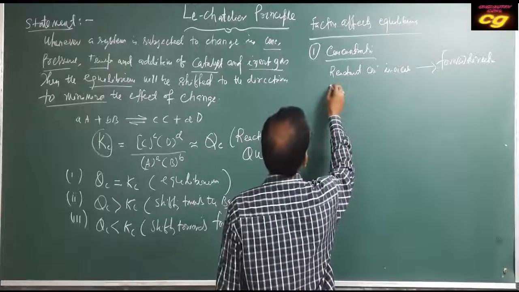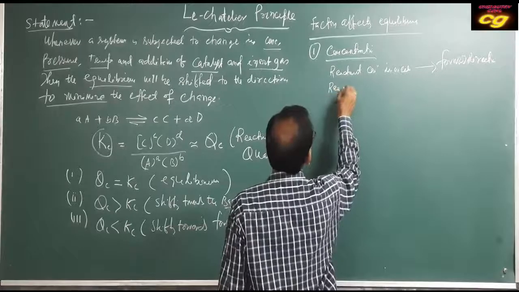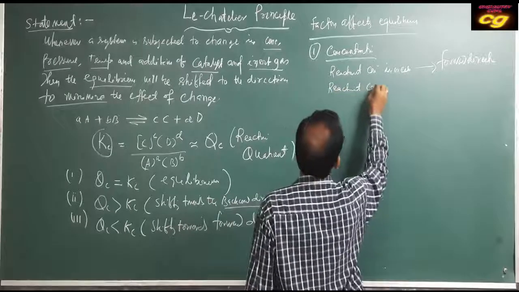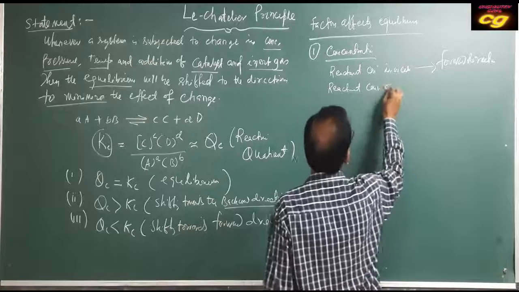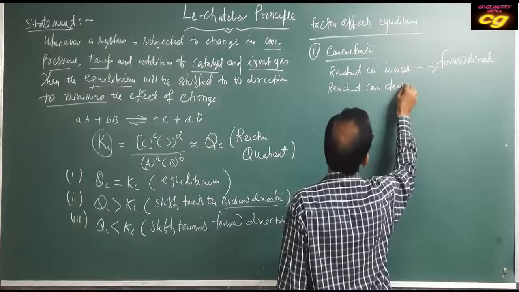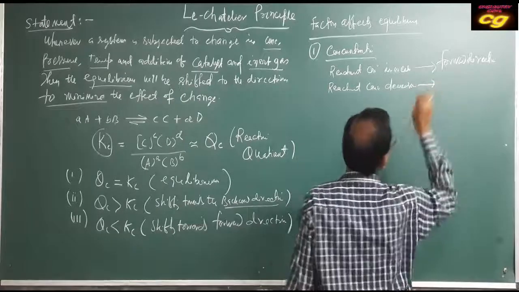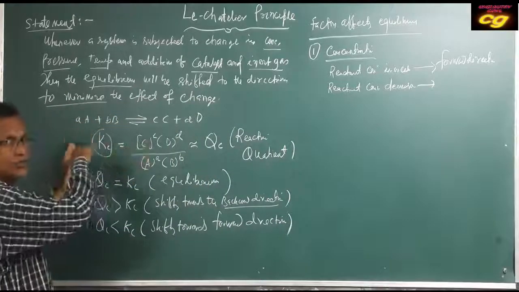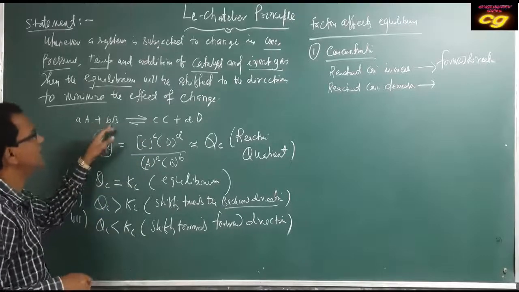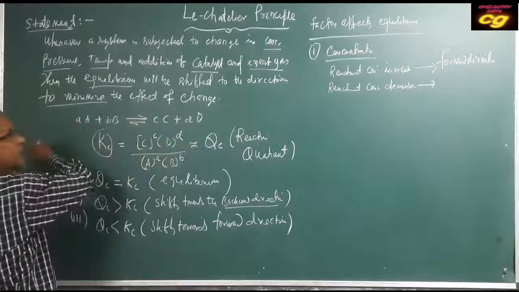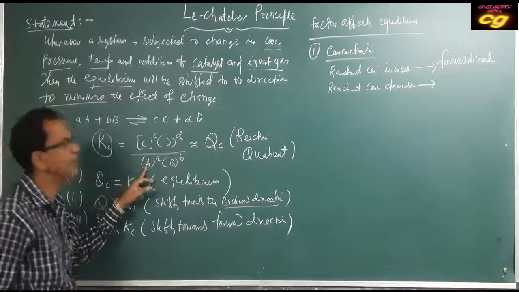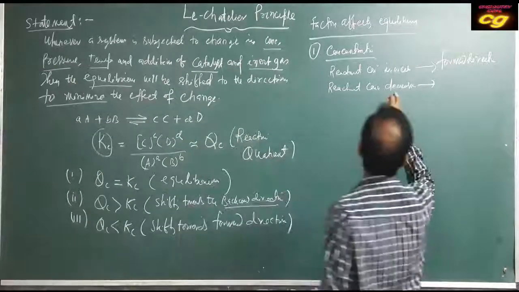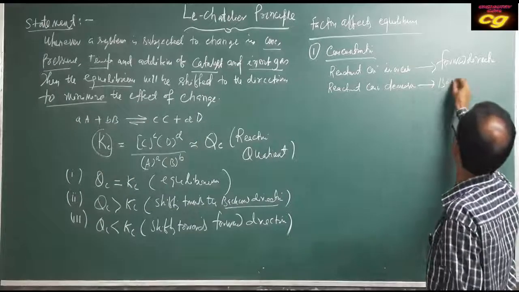When reactant concentration decreases, then to adjust the concentration of A and B, C and D will shift towards A and B, so the ratio remains constant. Reactant concentration decreases means backward direction.